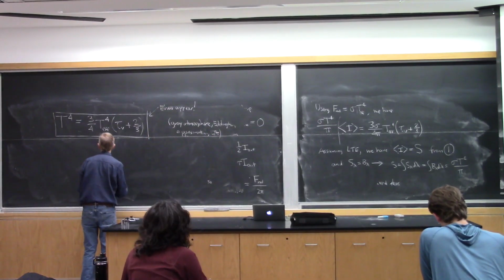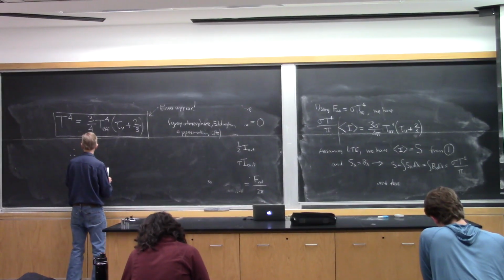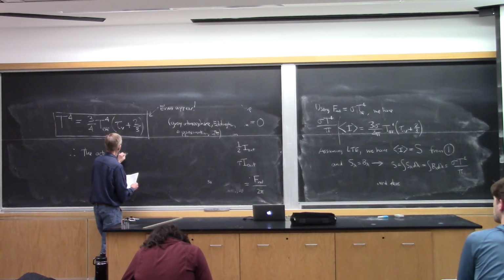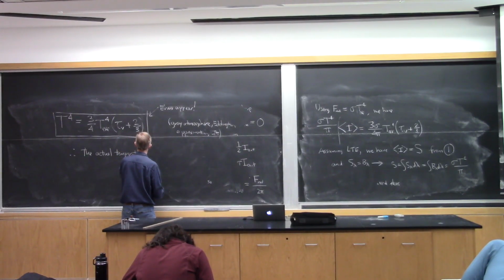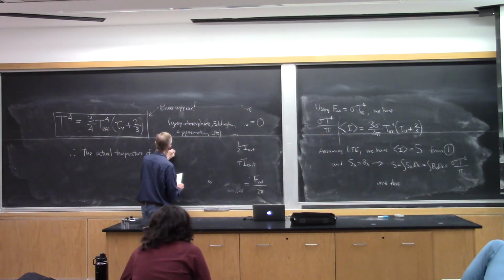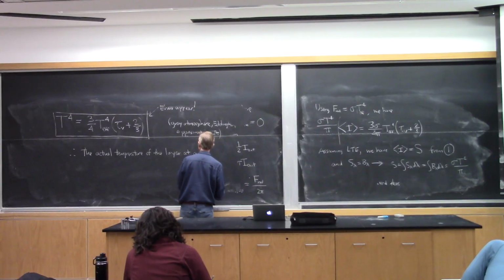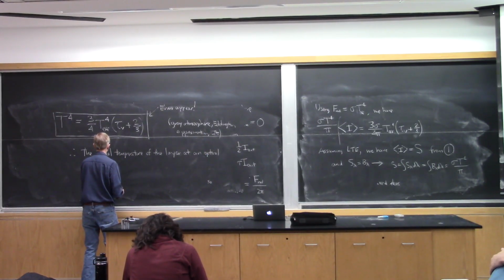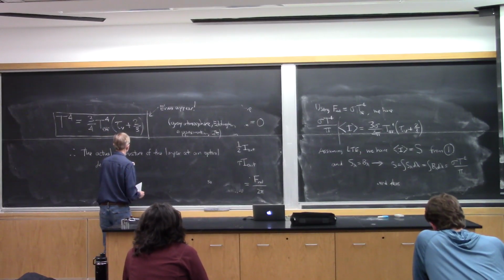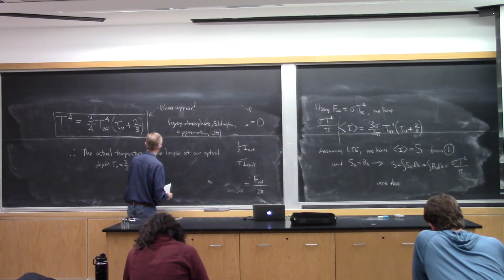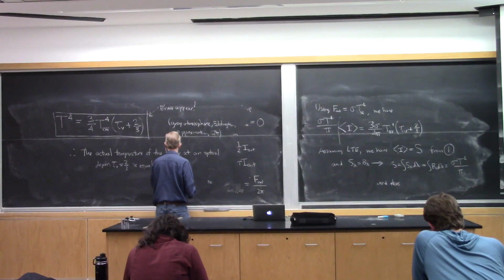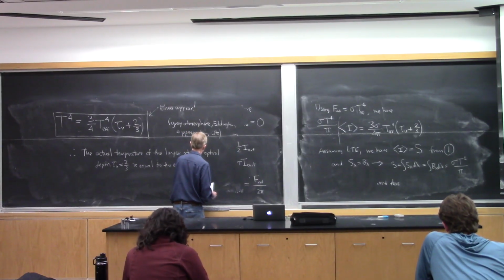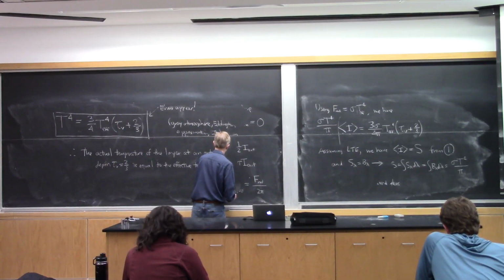But what it says is that the actual temperature of the layer at an optical depth tau v equals 2/3 is equal to the effective temperature T_eff.